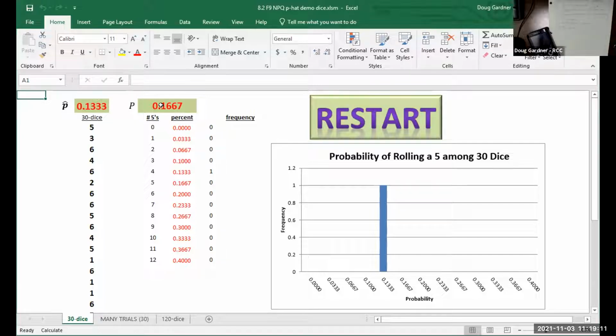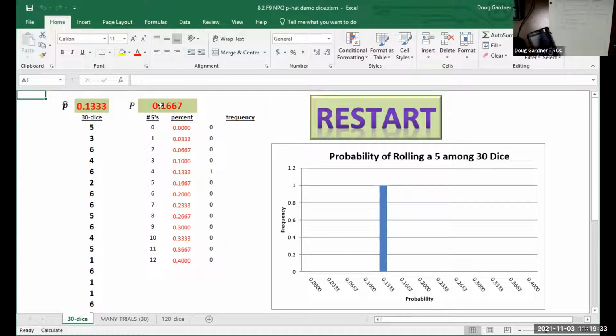Are you going to get 5 5s every single time? Is it going to be 16% every single time? No, there's variability to that. That's the main idea. It's the same idea from 8.1. Even if the real answer is 1/6, are you going to get 1/6 when you roll them? You're not. Did we get 1/6 on this particular roll?